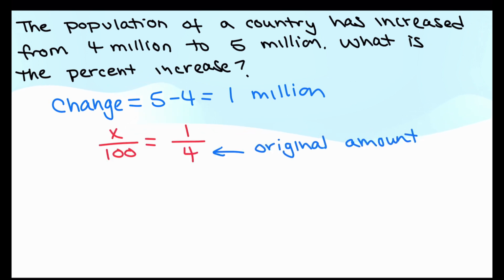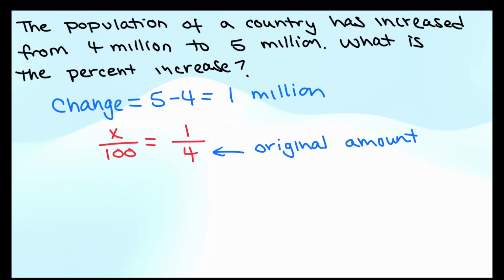To get my proportion, we're solving for the percent, so X over 100 equals, the part is the amount of the change. How much did the population change by? That was 1 million. And then the total is going to be the original amount, the amount before the increase, the starting population, which was 4 million. So X over 100 equals 1/4.